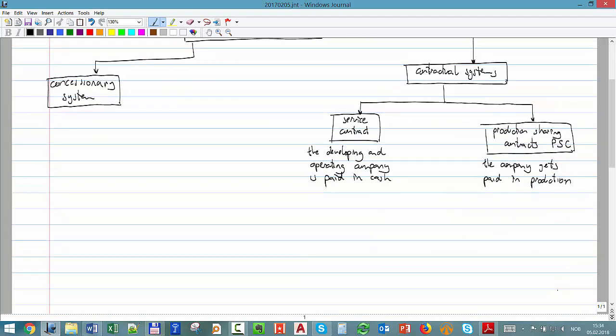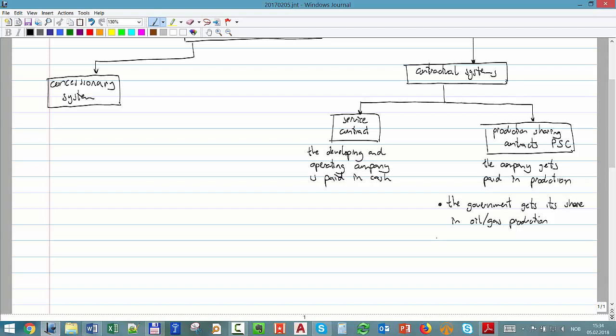The main difference is that the government gets its share in oil and gas production. They are the ones that take it to the tanker, take it to the market. They are going to make sure they sell it. They don't trust, or don't want, to give it to the company to sell.